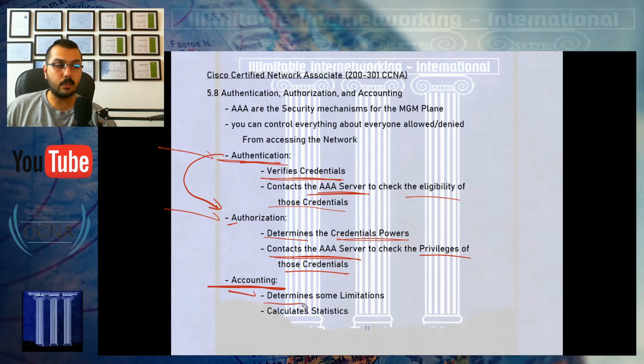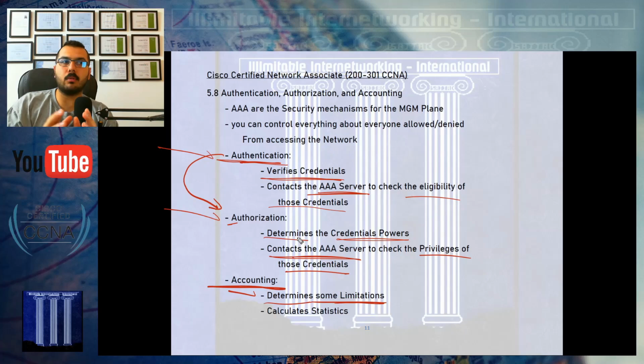Number one, to determine some limitations regarding this guy, like whether it's allowed to do such things or not. Maybe it's not really limiting like configuring or not configuring, showing such a thing or not. It's not really the limitation of the authorization. It's not about limiting the power. Accounting does limit your access.